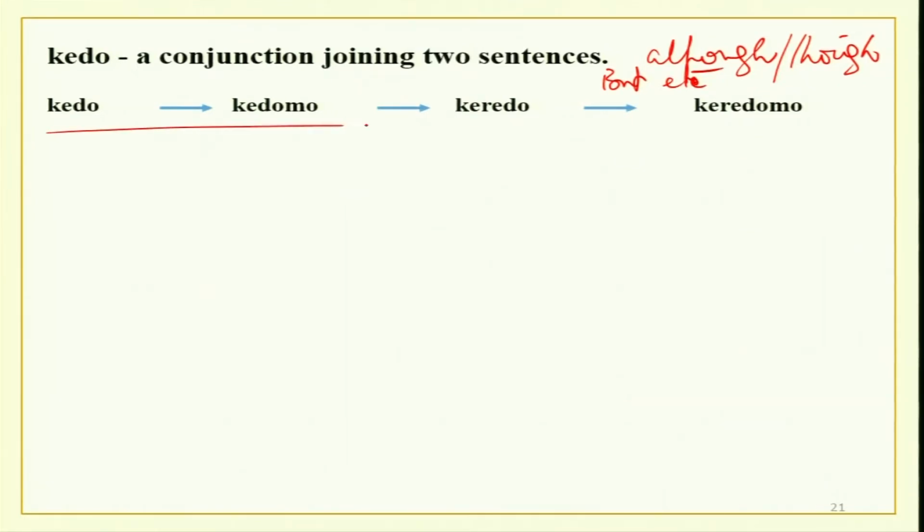Now, the formal or polite word for kedo is keredomo. Kedo and keredomo both mean but, although, though, as they are conjunctions. They are similar in meaning to demo or ga, which you have done. You can see the informal forms of keredomo from least to most formal.